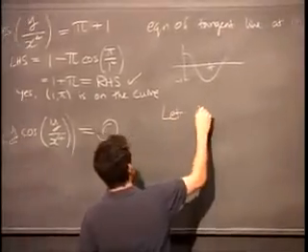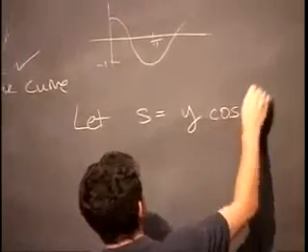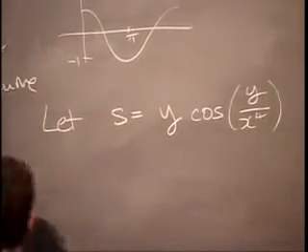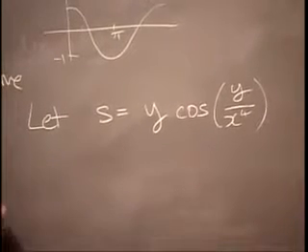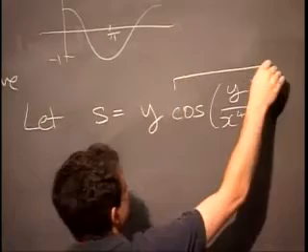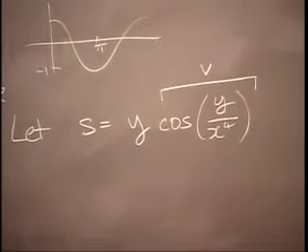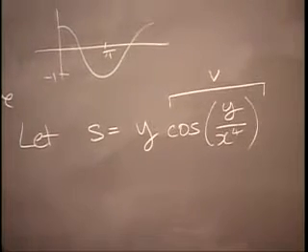I'm going to let s be this pesky quantity, y cosine(y over x to the fourth), so that all I want to do is differentiate s. Let v be cosine(y over x to the fourth). So s is equal to yv.